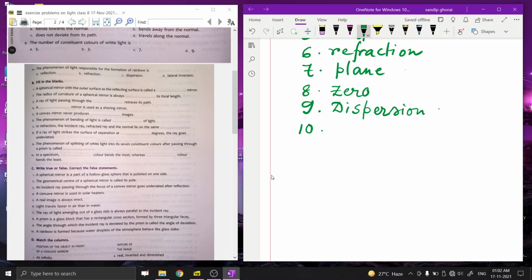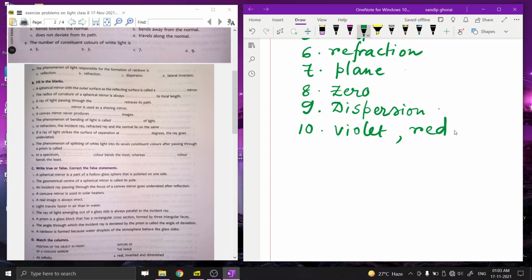So the first answer is violet, which bends the most, and red color bends the least, because the velocity of violet is very slow. That means the speed of red is more.